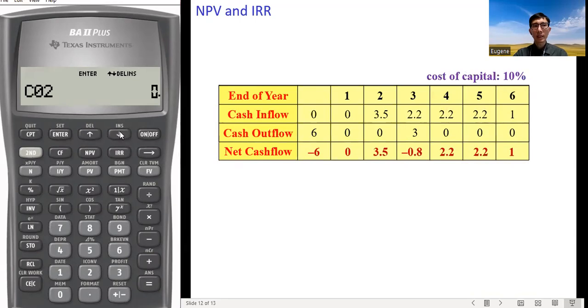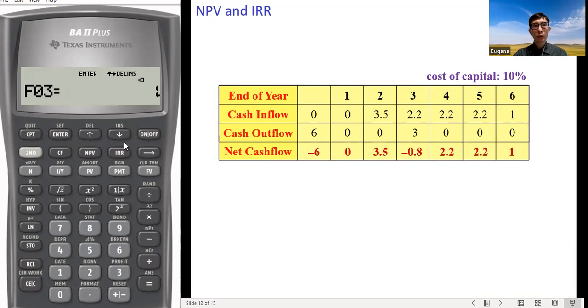And then the value for C02 is 3.5 with a frequency 1. And then C03 is -0.8. Frequency is 1.